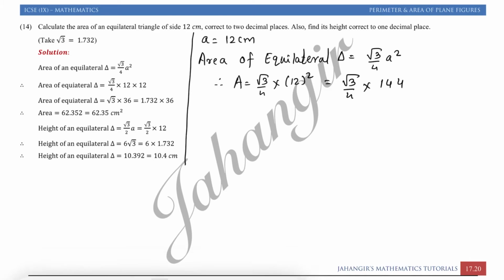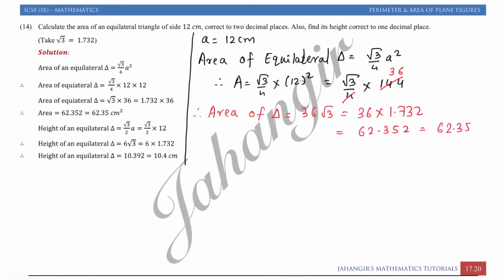We can cancel out, 4 ones are 4, 4 3s are 12, 12 3s are 36. So area of triangle is equal to 36 root 3, that is 36 into 1.73. To multiply it, you will get 62.352, which can be rounded off to 62.35 centimeter square.